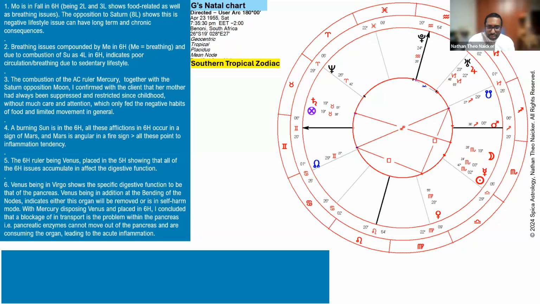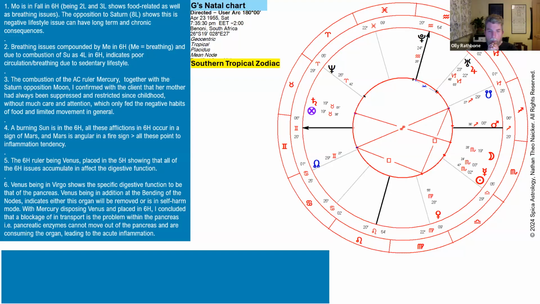So the mercurial function in the pancreas, which is the ducts, the entrances and exits, because Mercury is a transport function in an organ, is blocked. Its toxicity has gone up. This is the Scorpio part of it. And the blockage is in the transport within the pancreas, such that the pancreatic enzymes are not moving out of the pancreas as they should, thereby consuming the organ and leading to inflammation.